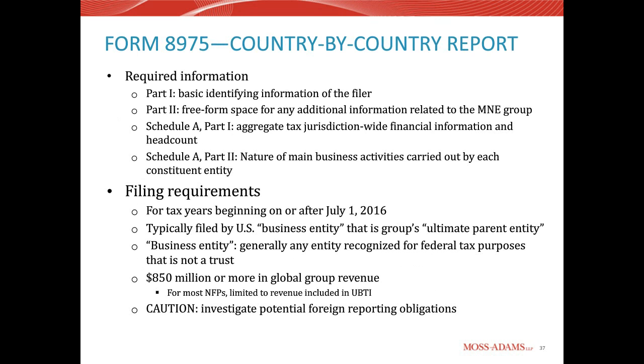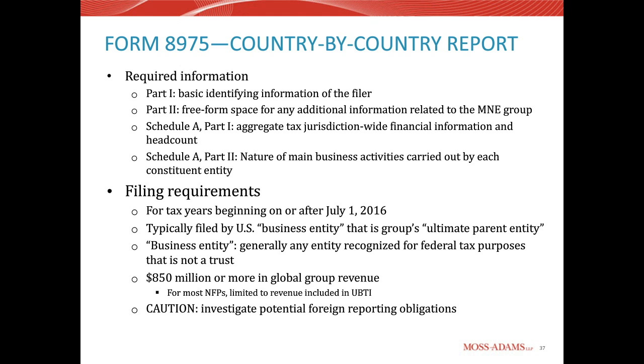Okay, thanks, Darren. I do just want to quickly touch on the IRS's new Form 8975. This form came about as a result of the G20 OECD initiative known as base erosion and profit shifting. You may have seen some articles about this in the press.